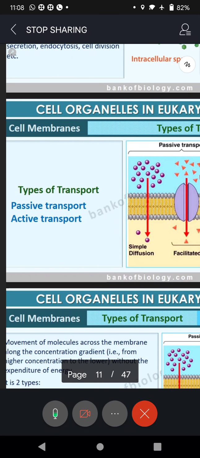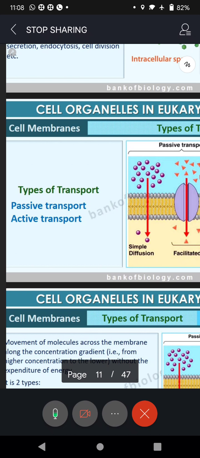Whereas in active transport, you are spending energy. You are pushing the lorry, you are pushing the train, then it is active transport. If energy is spent and materials are transferred from one place to another place, then it is active transport.